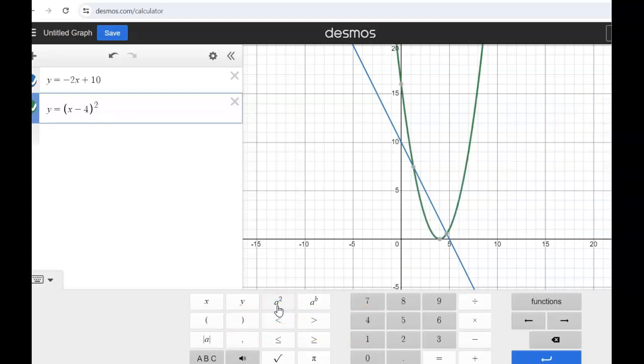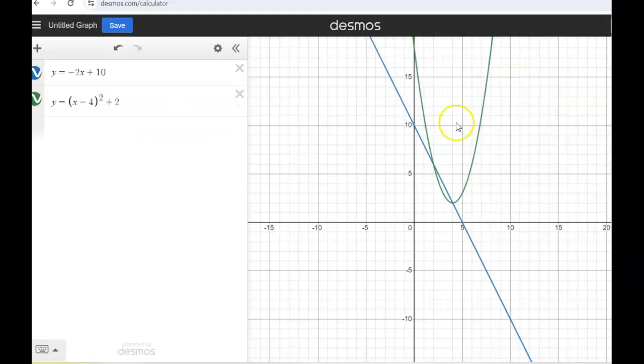I'm going to square that, and then I'm going to say plus 2. So now we have a parabola. We have two different graphs on this particular graph right here. The cool thing about this is that we can see that both our linear equation and our parabola both pass through the point 4, 2.